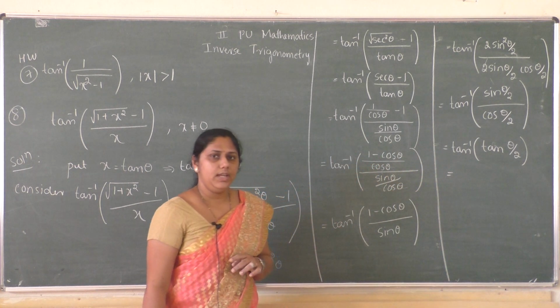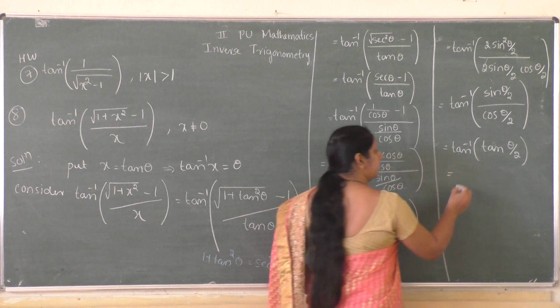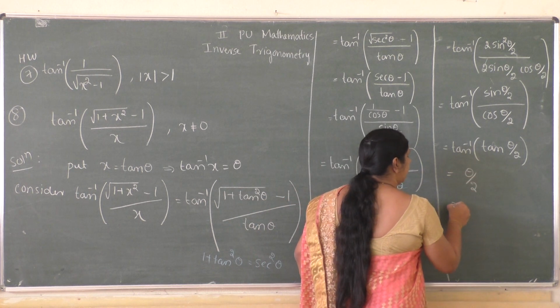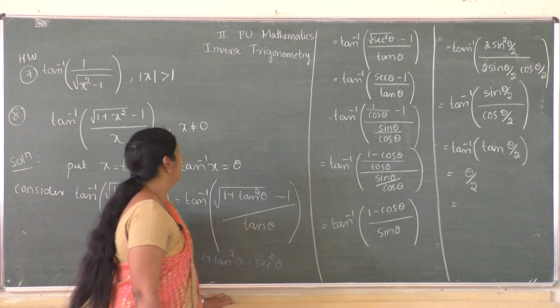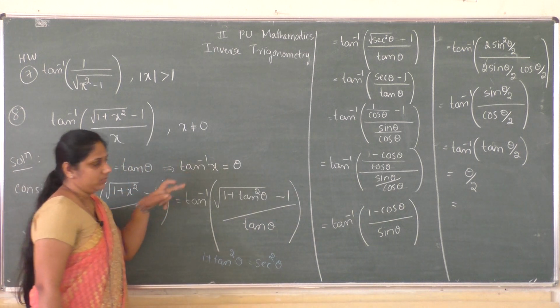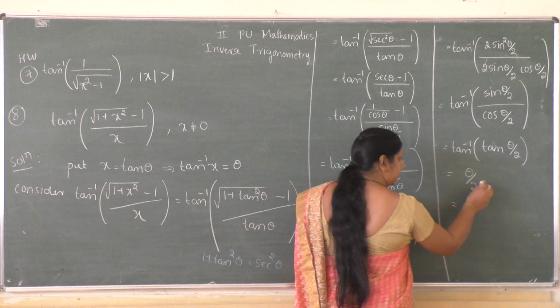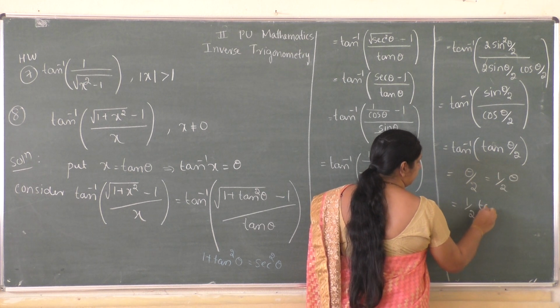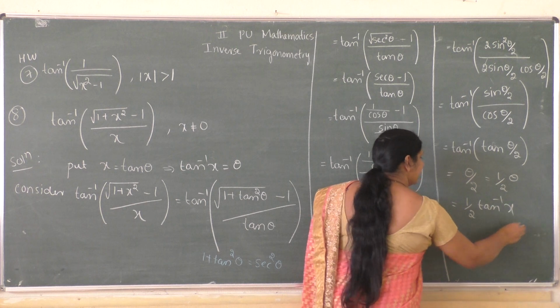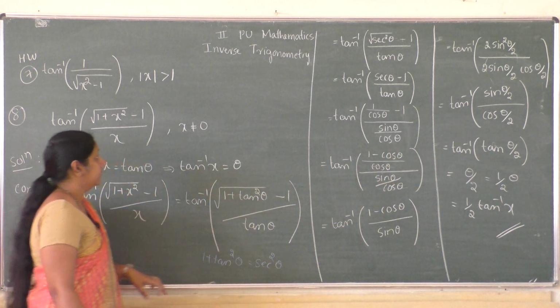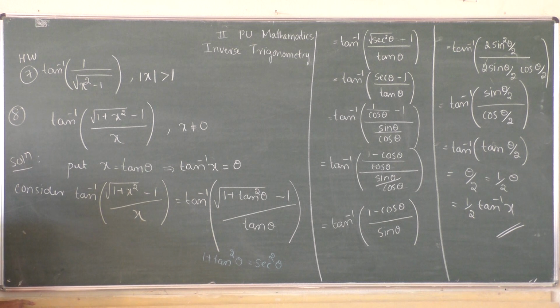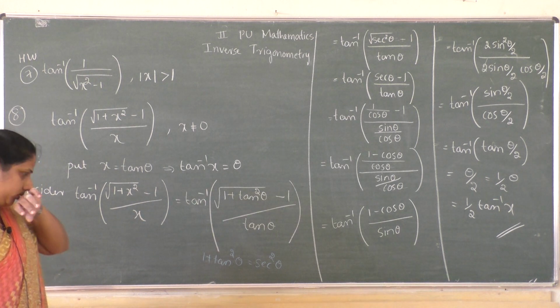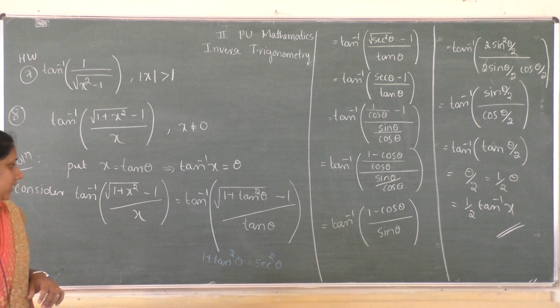So by property, tan inverse of tan theta by 2 will be theta by 2. But what is theta? Theta is tan inverse x. So this can be written as half into tan inverse x. So tan inverse of root 1 plus x square minus 1 by x has the simplified form half into tan inverse x.